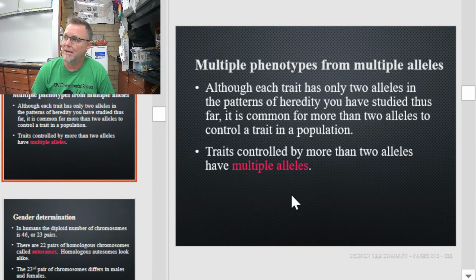You could be almost red-haired blonde, what they call strawberry blonde. You could be towhead blonde where your hair is super white. You could be dirty blonde where your hair is kind of brownish blonde. You see what I'm getting at? There's all this shading that goes on, and it's dependent upon how many dominant alleles you inherit, how dark your hair becomes, your eyes, and your skin.